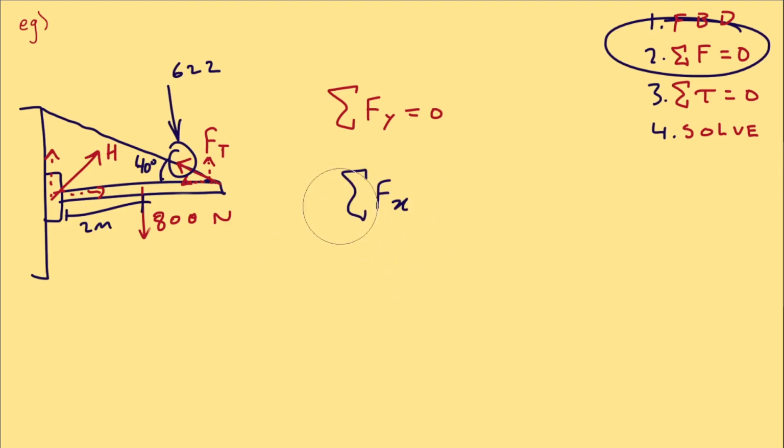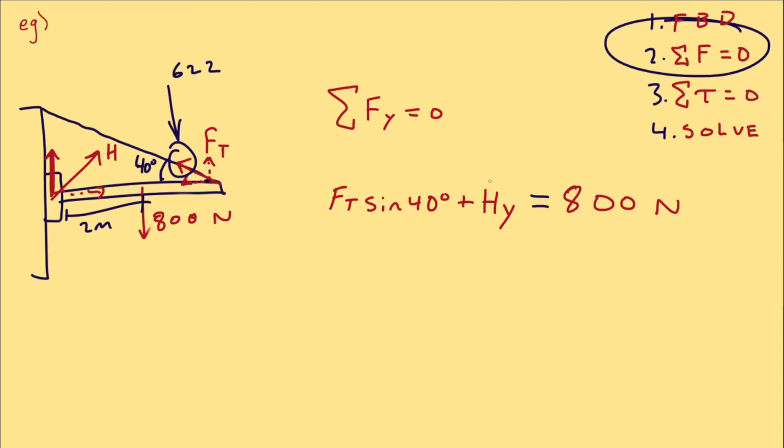The up forces of this system is the y component of tension, which is Ft sine 40, plus the up component of the hinge. This is equal to the down component, which is the weight of the arm. The only unknown here is hinge y.